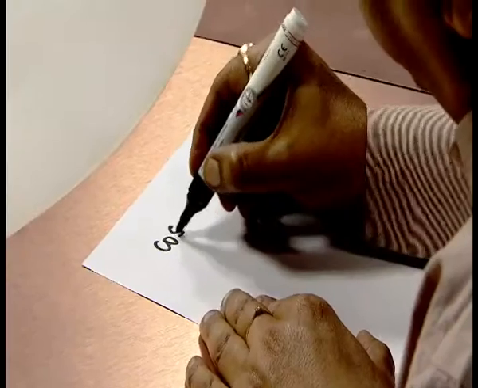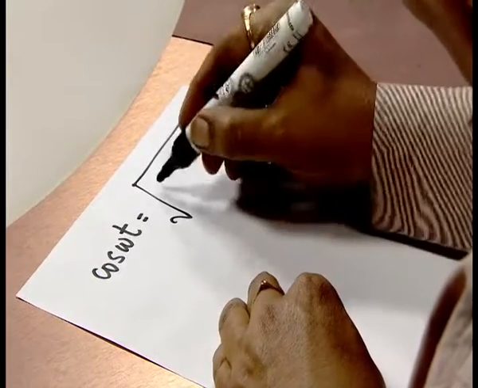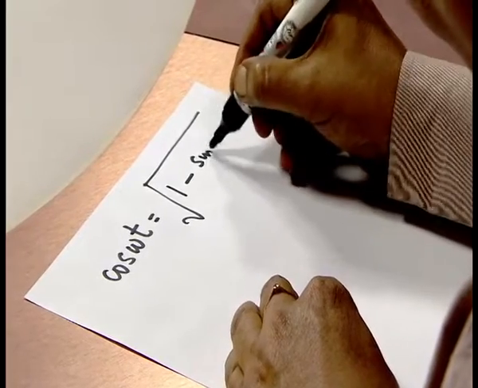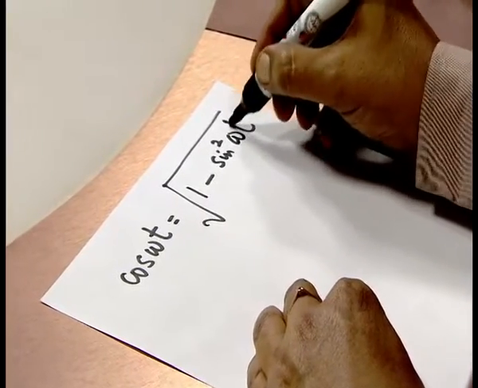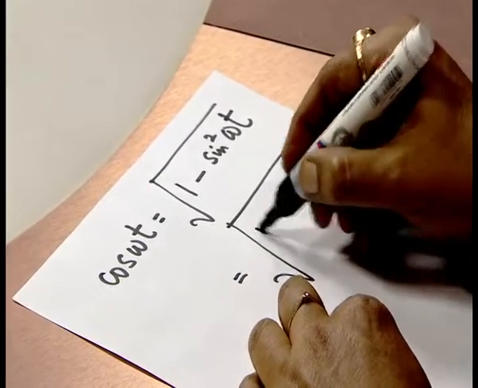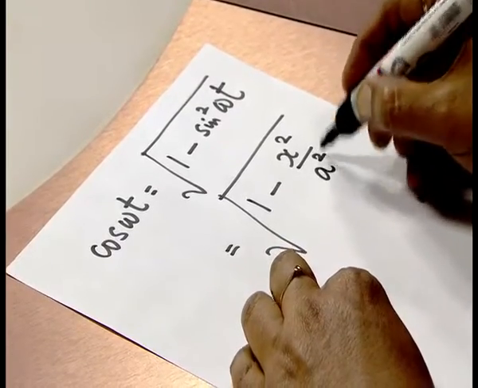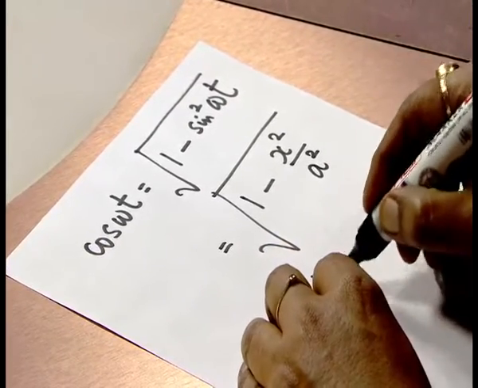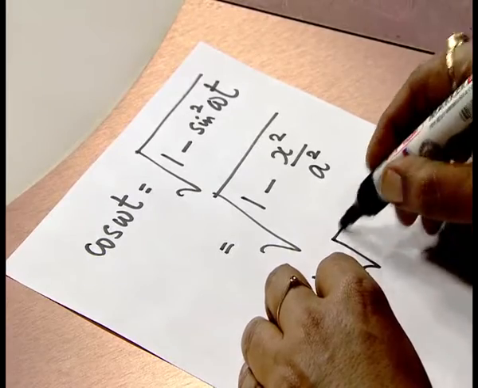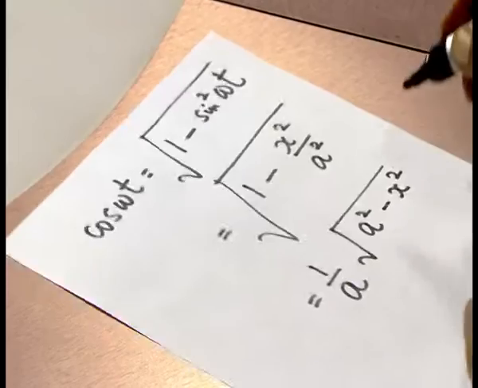So, we will do a little bit of trigonometry. Cosine omega t is equal to the square root of 1 minus sine square omega t, and if you recall the expression of sine omega t, that works out to be the square root of 1 minus x square by a square, and so this is 1 upon a times the square root of a square minus x square.